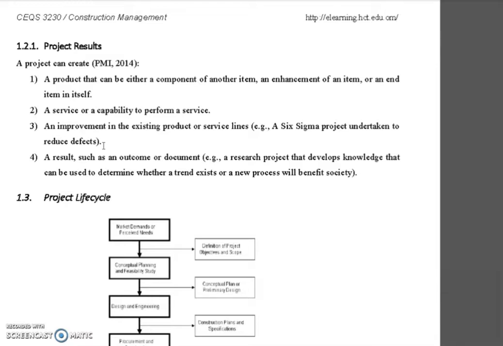It will create a product that can be either a component of another item. For example, you want to make an extension in a building, like if you have a school and you want to make an extension with more classes or something like that, so it's a component of another item.